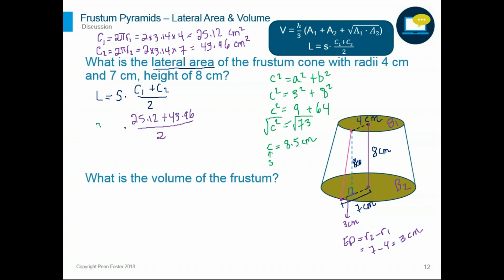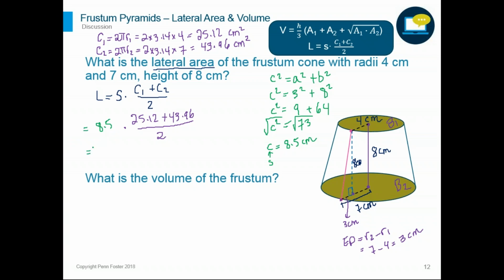So that would be 8.5 times this fraction. How do we punch in those values on the calculator, so we have the right lateral area?